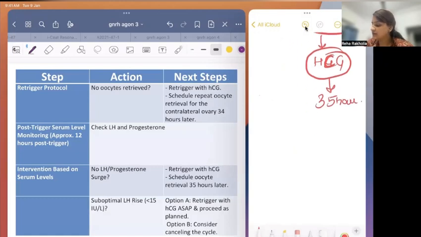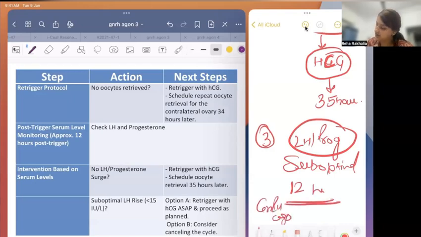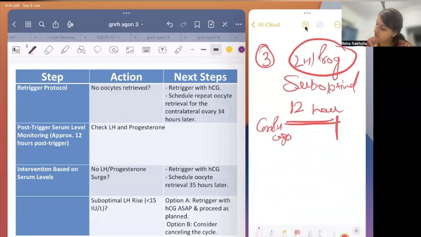The third scenario is when there is a surge in LH and progesterone, but it is suboptimal, 12 hours after giving the GnRH agonist. We did the LH value and it is less than 15 international units per liter.